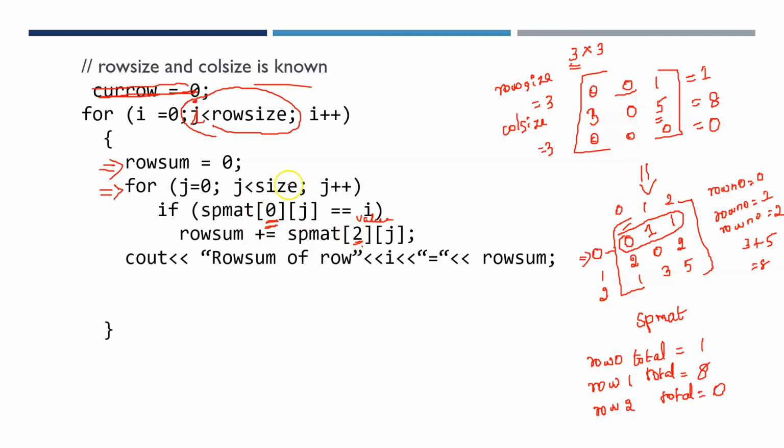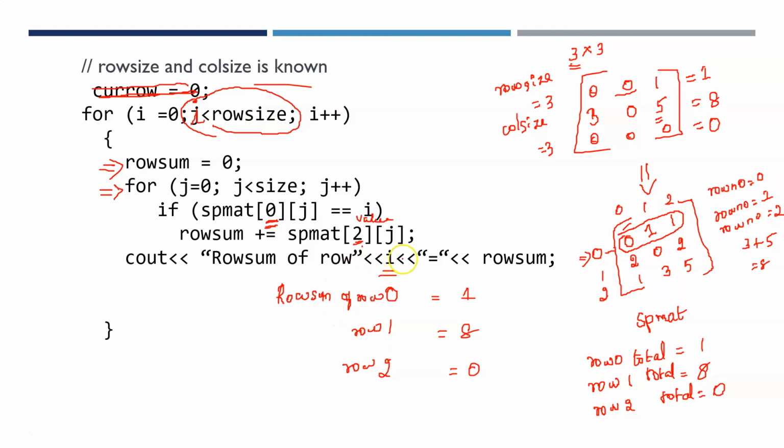After scanning all the elements, I print the row sum. Row 0 would be printed with a row sum of 1, row 1 with a row sum of 8, and row 2 with a row sum of 0. The output would be like this.